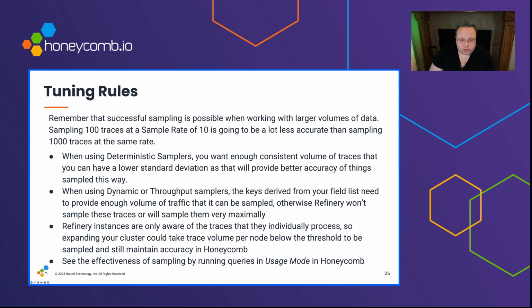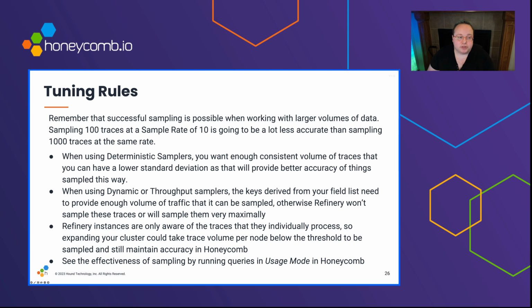When you're using deterministic samplers, you want a fairly consistent volume of traces. You want a higher volume so that you can calculate the right sample rate and have a lower standard deviation, lower margin of error, and better accuracy.